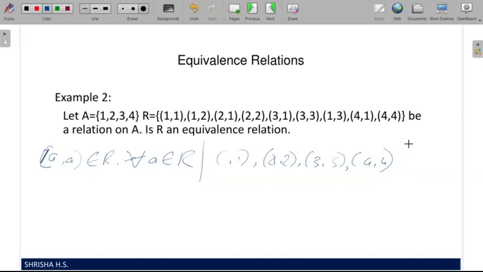Therefore this is a reflexive relation. Write the conclusion that the given relation is a reflexive relation. After that, if we observe here, 1 comma 2, 2 comma 1 is there, 3 comma 1, 1 comma 3 is there, 4 comma 1 is there, but 1 comma 4 is not there.